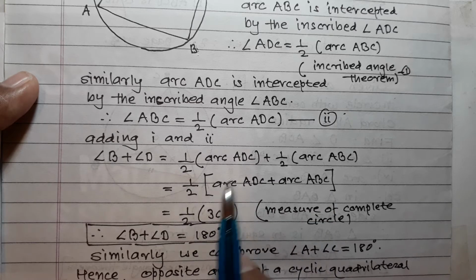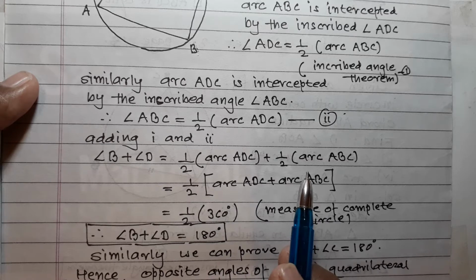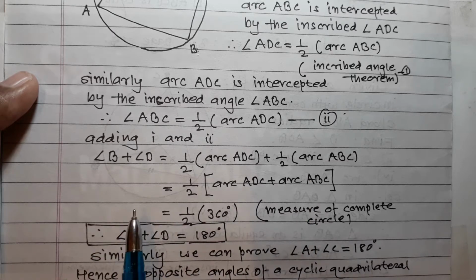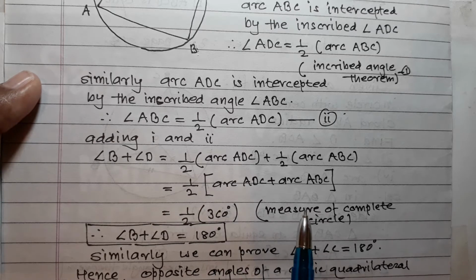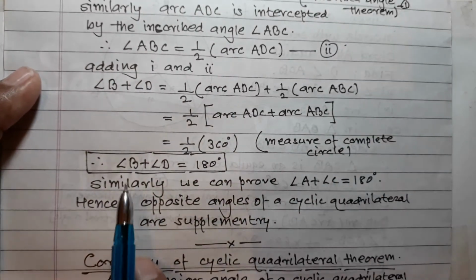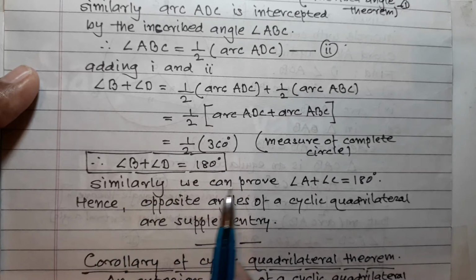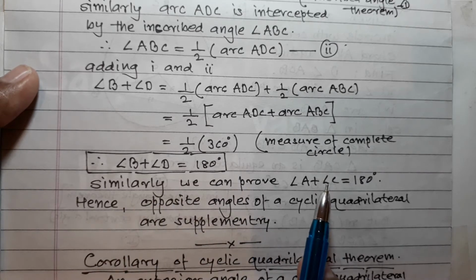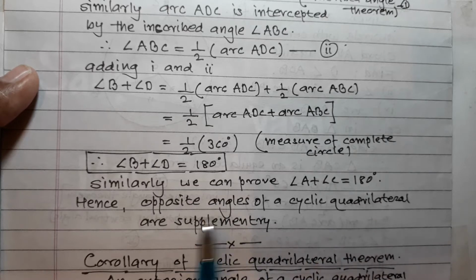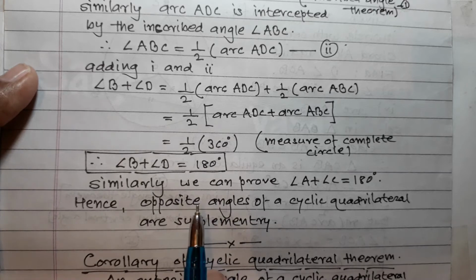But this addition gives you the complete circle, and therefore angle B plus angle D is equal to 1/2 into 360, measure of complete circle, and therefore angle B plus angle D is equal to 180. Similarly, we can prove angle A plus angle C is equal to 180, and hence opposite angles of a cyclic quadrilateral are supplementary. Now this theorem is important.